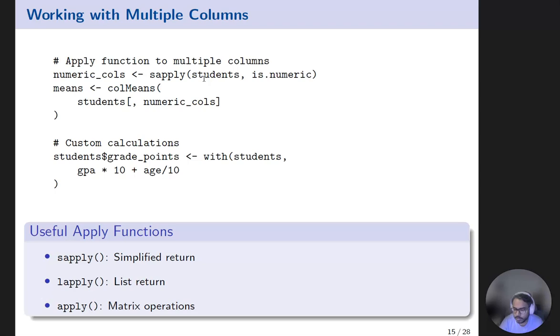And then we will calculate column means for only those numeric columns. You can perform custom calculations across columns using the with function, which provides a cleaner syntax. The most useful apply functions are sapply for simplified returns, lapply for list returns, and apply for matrix operations.